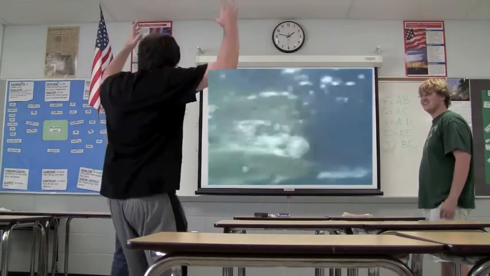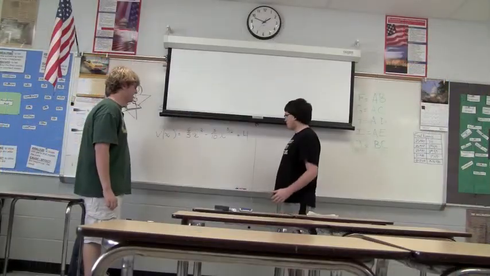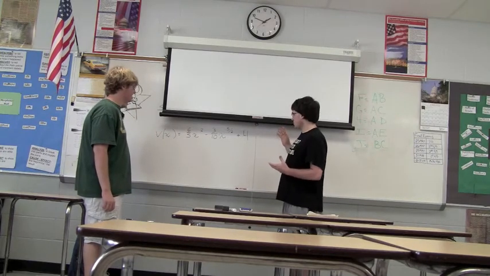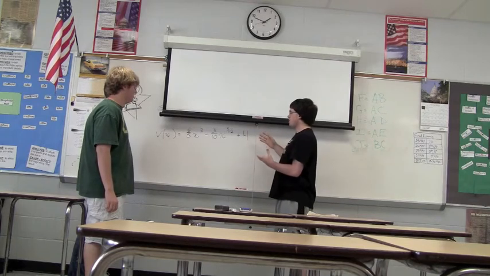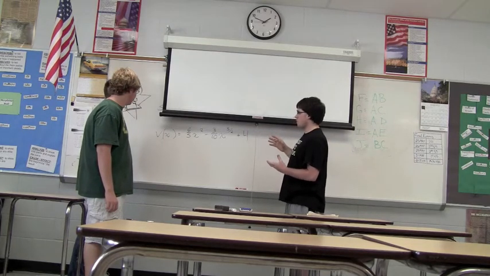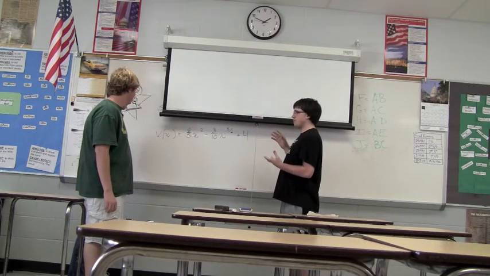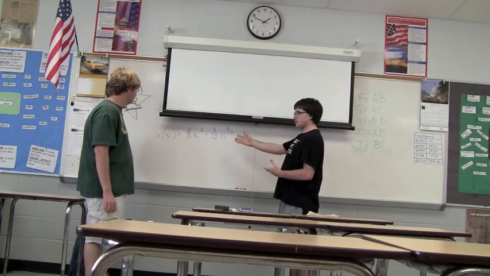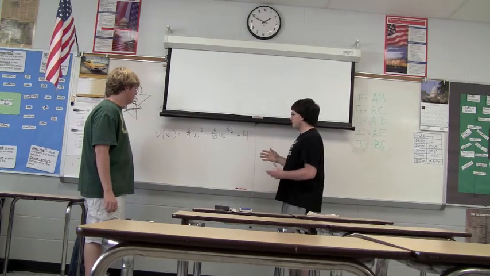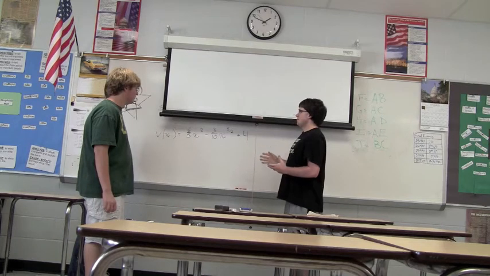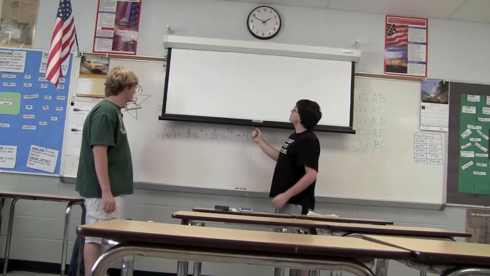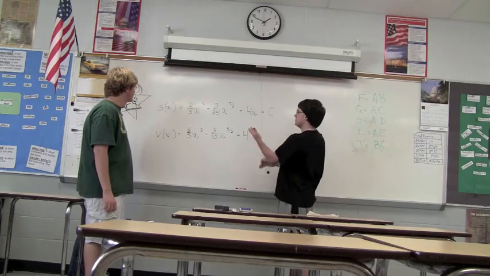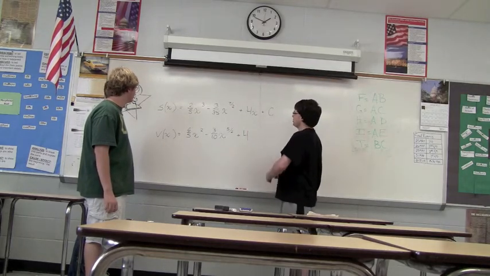So, from that video you guys were watching of the shark swimming, I discovered that its velocity is this formula right here. So I figured we could probably find out the formula, how far it's traveled over a certain time, with x being time, by taking the integral of this formula. For the sake of time, we've already predetermined the integral of this equation, which happens to be the position function.